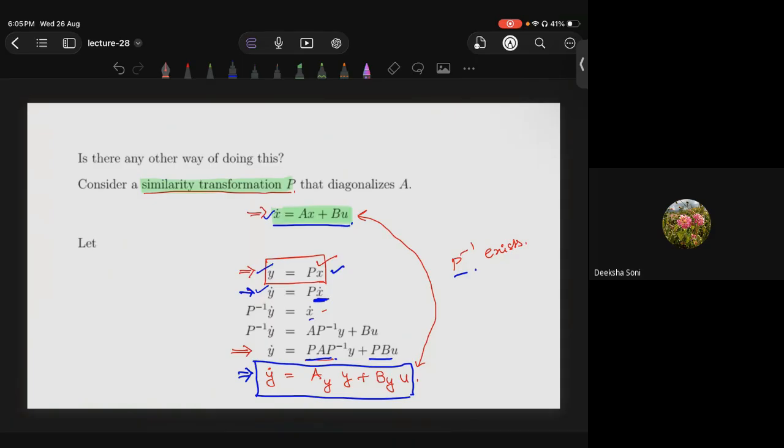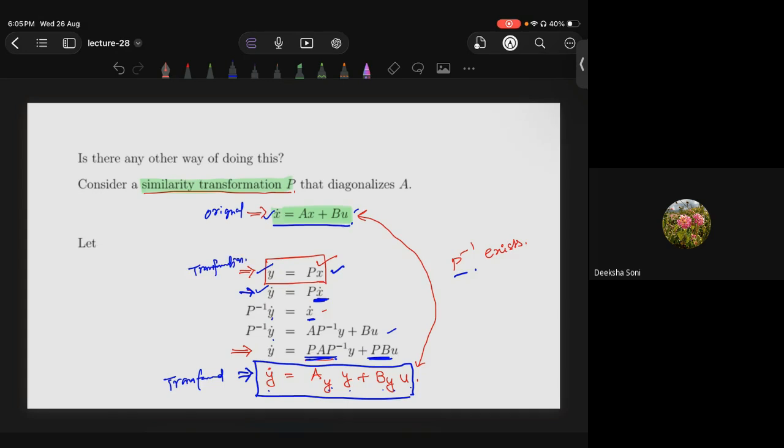So x dot is equal to P inverse y dot. You substitute the expression for x dot from here. Finally you write y dot is equal to Ay plus Bu, where Ay is nothing but this expression, and By is PB. By doing the transformation, this is our original system, and this is the transformed one, with y is equal to Px.